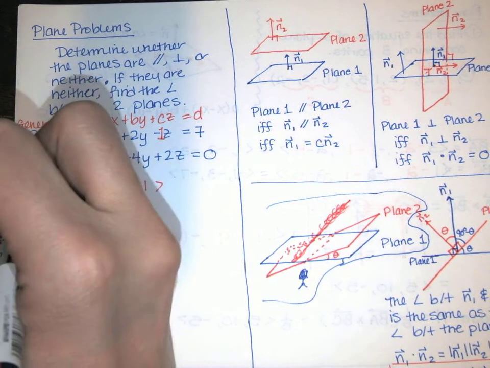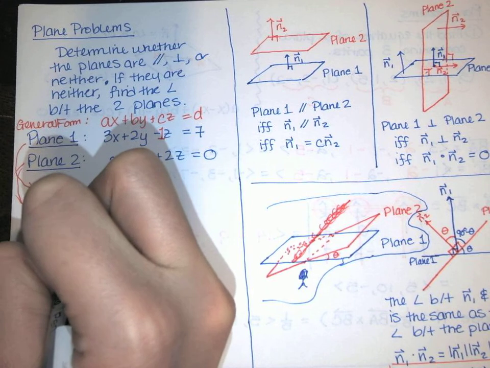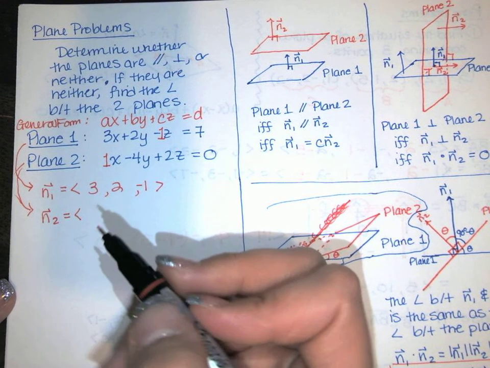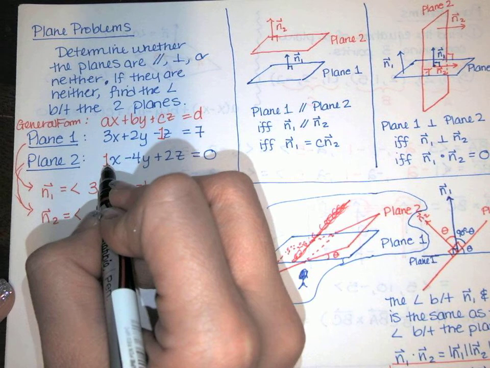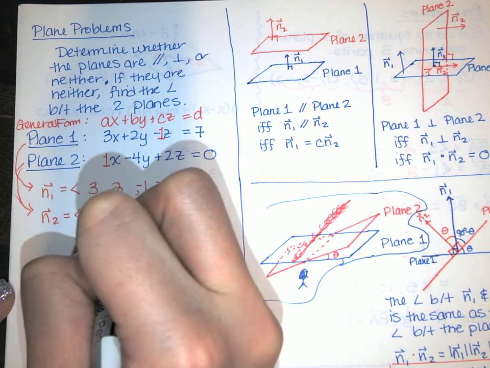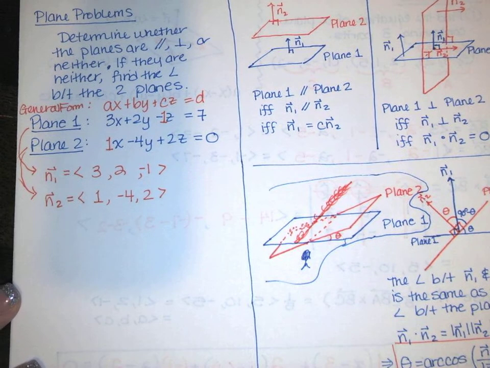Our second normal vector, the normal to plane 2, I'll write n2, has an implied 1, -4, and 2 as its components.